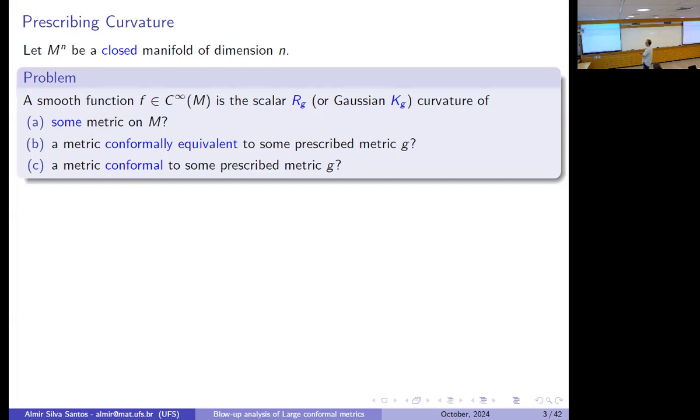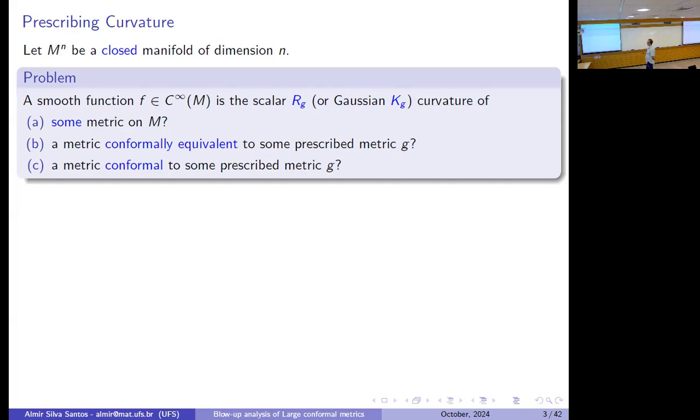Given a function on the manifold, you can ask if there is some metric such that this function is the scalar curvature or the Gauss curvature, depending on the dimension, of this metric. We can also ask if there is some metric conformally equivalent to a fixed metric which has this function f as the scalar or Gaussian curvature.